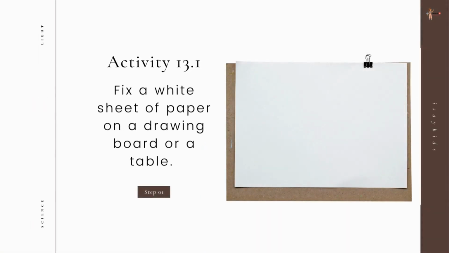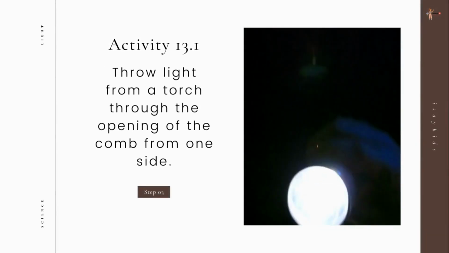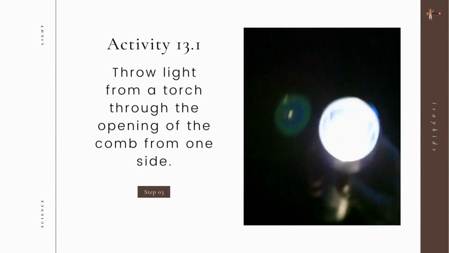Fix a white sheet of paper on a drawing board or a table. Now take a comb and close all its openings except one in the middle. You can use a strip of brown paper for this purpose. Hold the comb perpendicular to the sheet of paper. Throw light from a torch through the opening of the comb from one side.